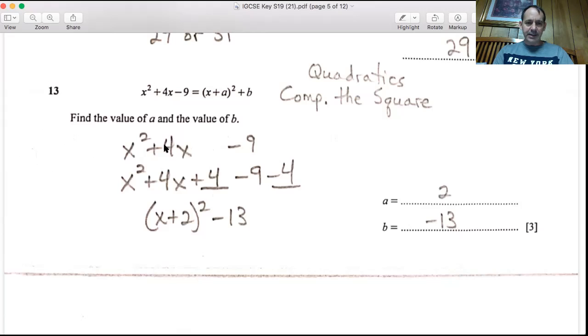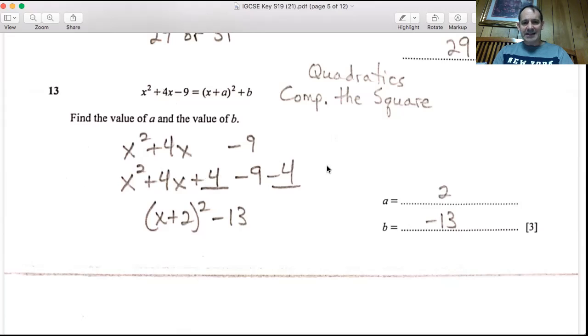So here's the b, 4 divided by 2 is 2, and then squared gives us a 4. So I kind of did this in my head, but the formula for completing the square is b divided by 2, and then that value squared. So that gives us a 4. That's our magic number.